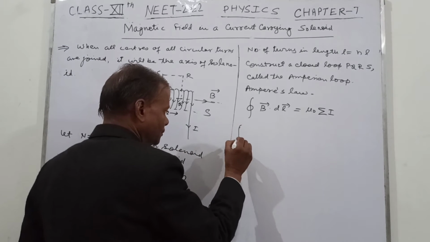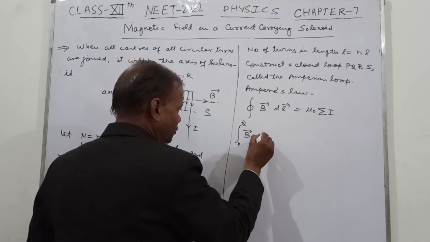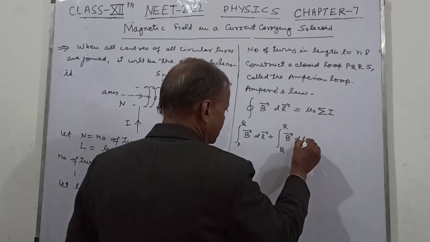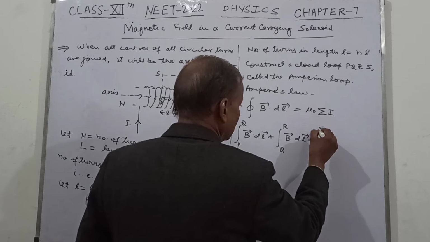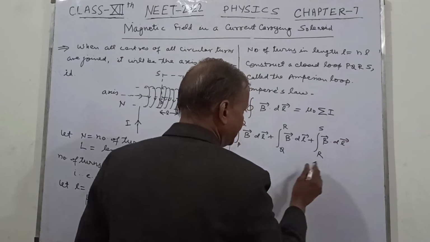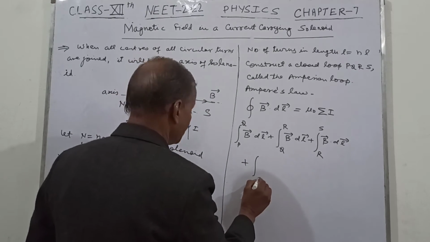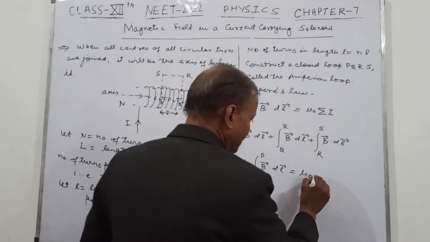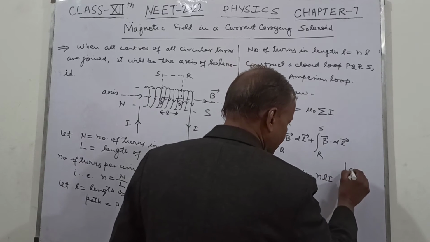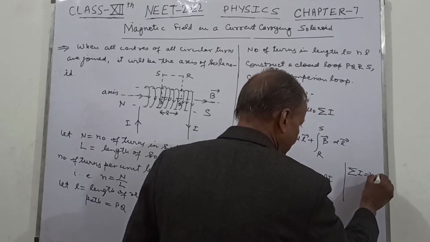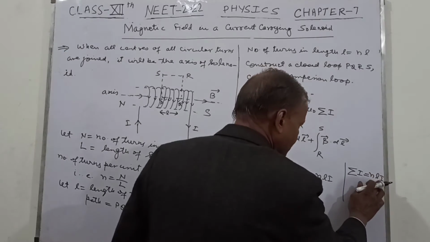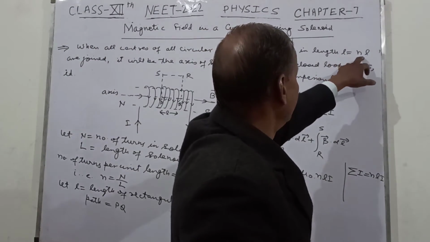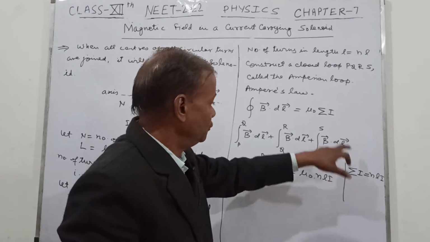So now this is from P to Q, integration B dot dl, plus integration Q to R B dot dl, plus integration R to S B dot dl, plus integration S to P B dot dl, this is equal to mu naught into n l I. Now this summation I is equal to n l I. In each turn the current is I, so with so many turns, that will be equal to n l into I. So in place of this sigma I, we will use this n l I.